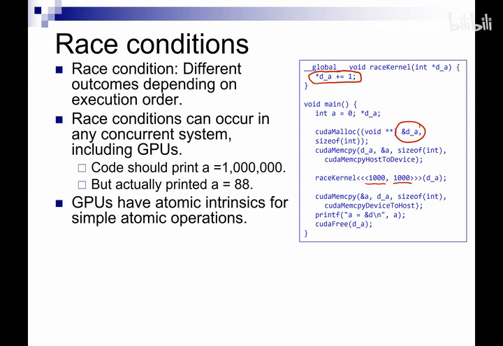Okay, and to deal with this on the GPU, we can use certain operations called intrinsics. So these are atomic intrinsic operations. There are other types of intrinsic operations on the GPU, for example, for doing different math functions like square root or exponential. Those we're not going to focus on.